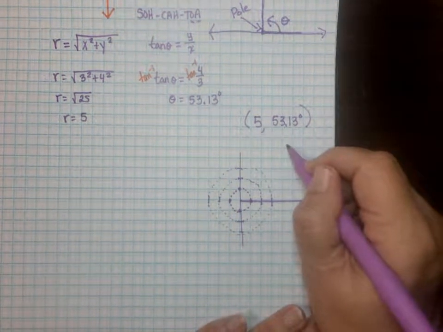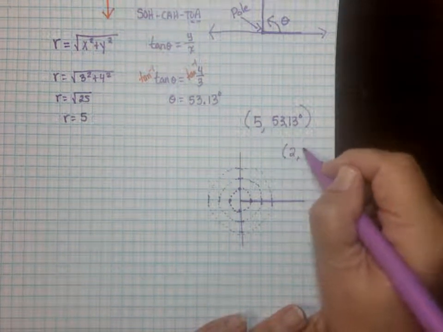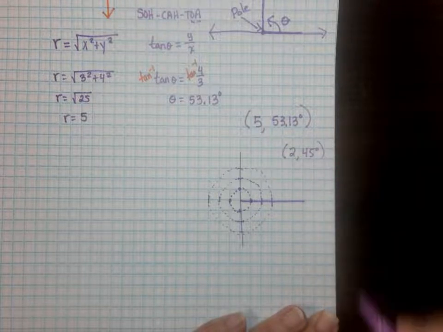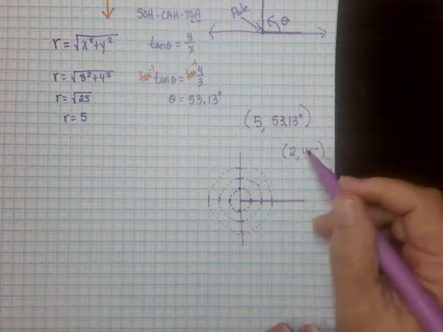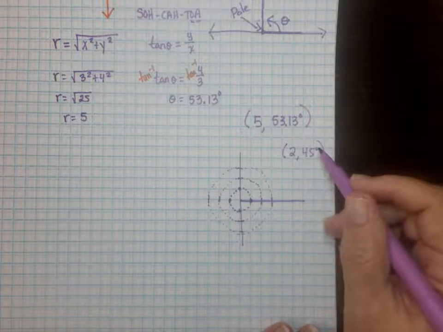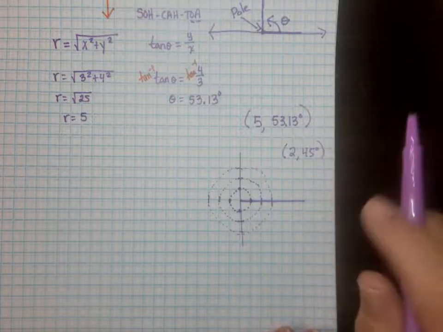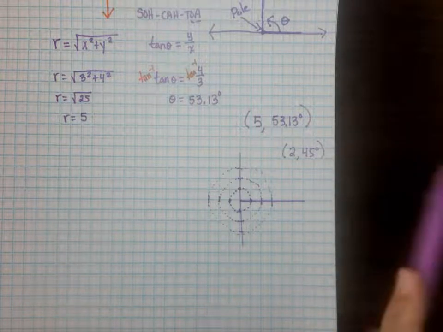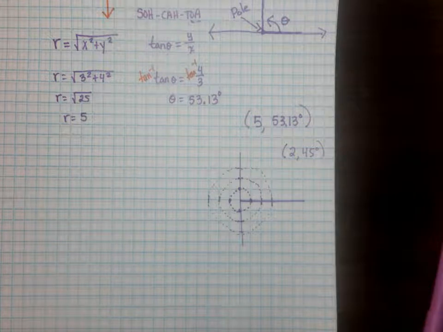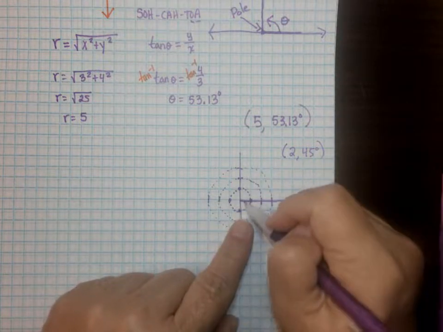Let's say I wanted to graph (2, 45 degrees). So the first thing I would do is say, where's 45 degrees? And we know that 45 degrees is half of 90 degrees. We all know that this is 90 degrees.